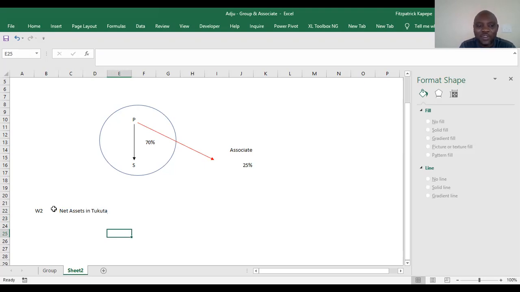We are now looking at report date, then we look at acquisition, and then we also look at post-acquisition.